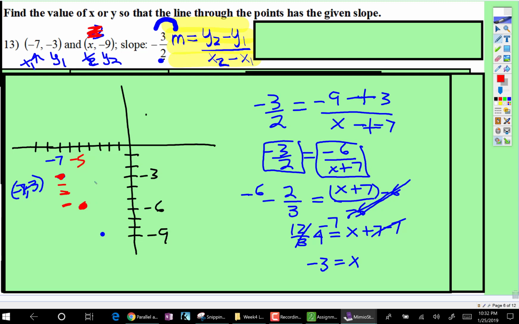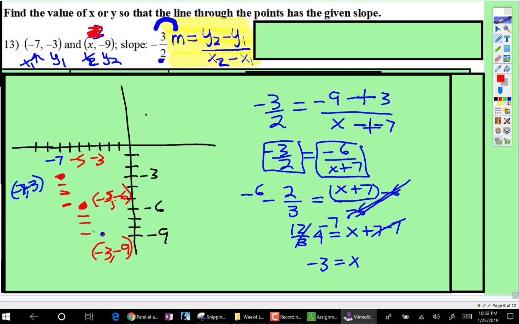So this point right here is negative 5, negative 6. We're not there yet because it says the y value is negative 9. So we go down 3 over 2 again. Down 1, 2, 3 over 2. Over 2 from negative 5, oh, look, negative 3. So that point right there is negative 3, negative 9.